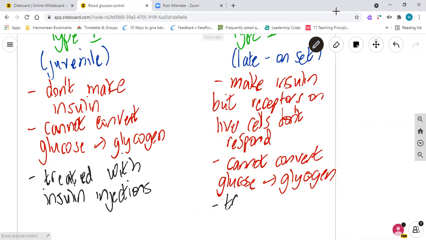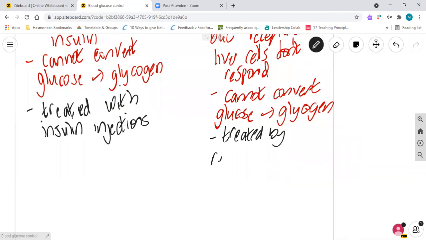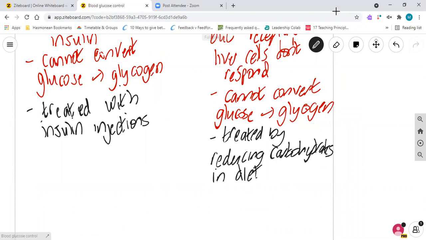So it's treated by reducing the carbohydrates in their diet, so they don't actually take in so much sugar, and also by increasing exercise, because exercise will help to increase the process of respiration, which is their way of bringing the glucose level back down to normal.